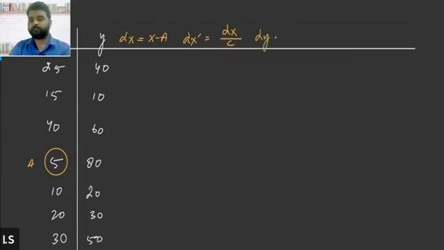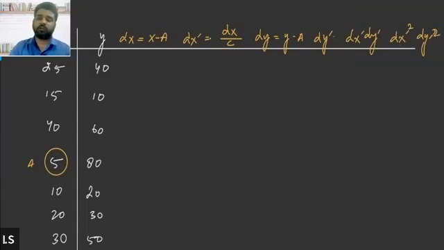For that purpose, I'll subtract the assumed mean from the items of the y variable, and thereafter I'll calculate dy'. After calculating dy', I'll multiply dx' by dy', then I'll square dx' to find dx' square, and then dy' square.